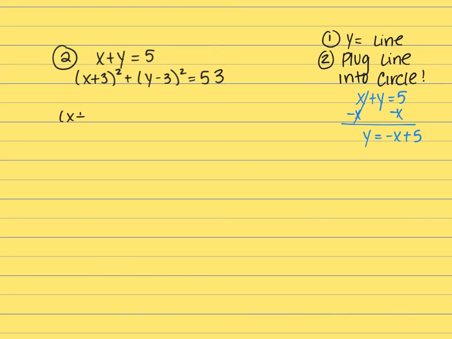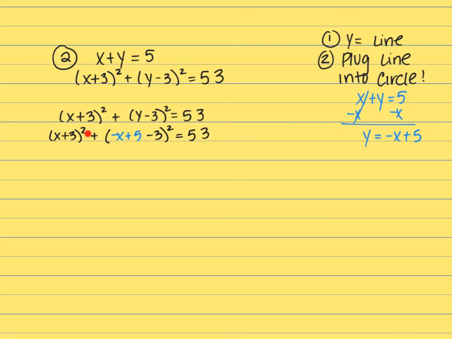So I'm going to start by writing the circle. And I'm going to plug in my y value of negative x plus 5 right here. So I have x plus 3 squared plus my y value of negative x plus 5 minus 3 squared equals 53.